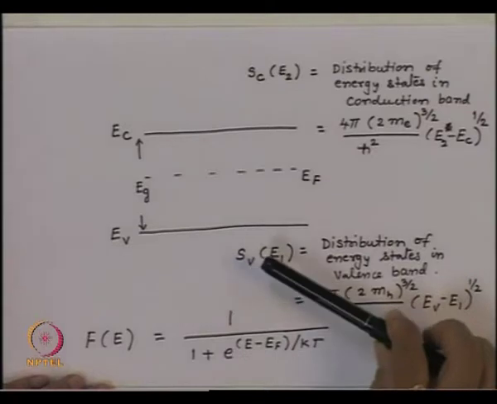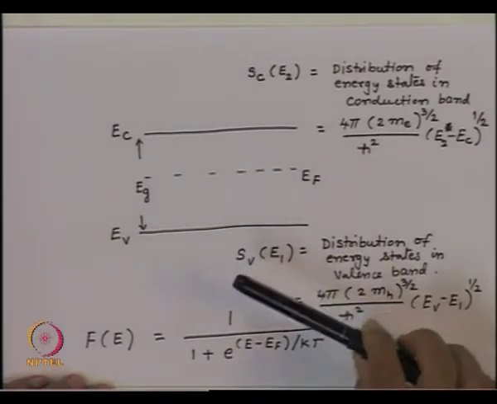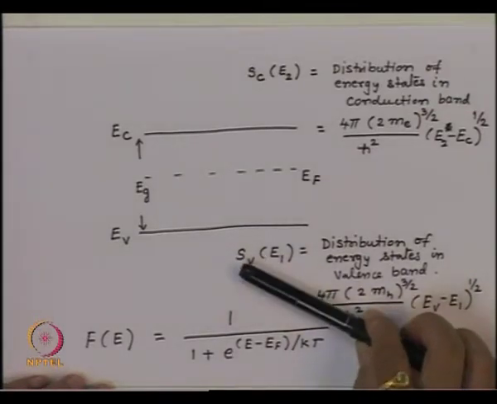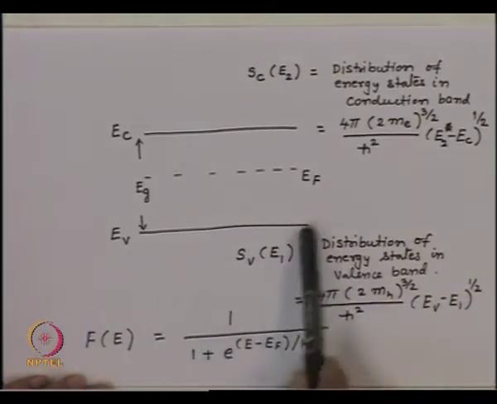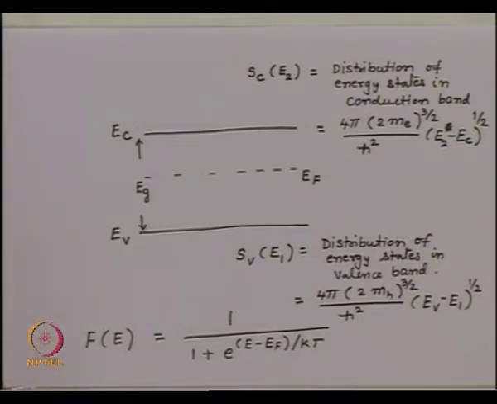Similarly, in the valence band, the availability of a hole will depend upon the available energy state in the valence band, which is again given by this energy density function, and then non-occupancy of that energy level, which is given by 1 minus this Fermi function.